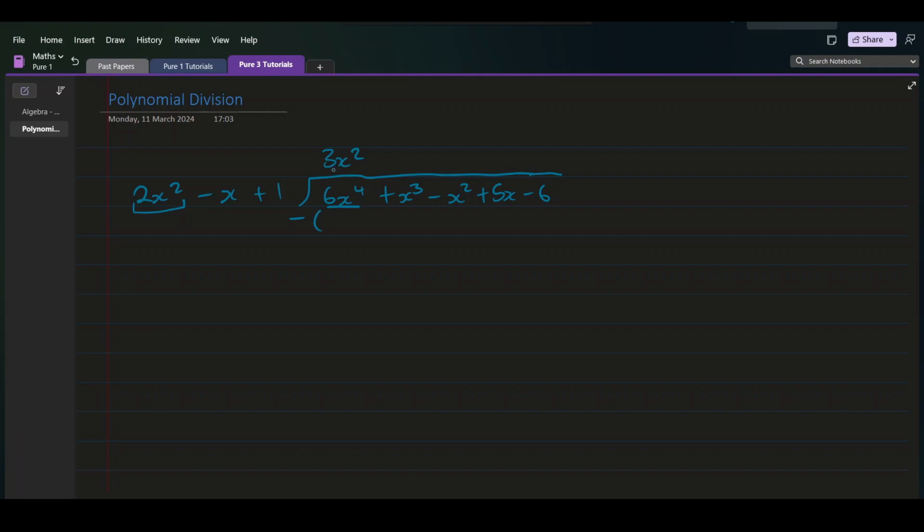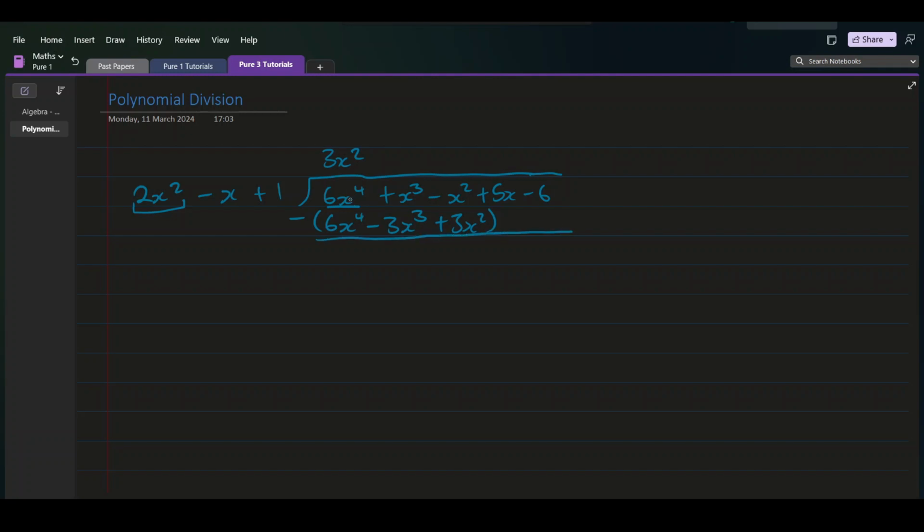We're going to multiply the 3x squared by the divisor, so that's 3x squared times 2x squared, which gives us 6x to the 4. Then we've got 3x squared times minus x, that gives us minus 3x cubed. Then 3x squared times 1, that's plus 3x squared.